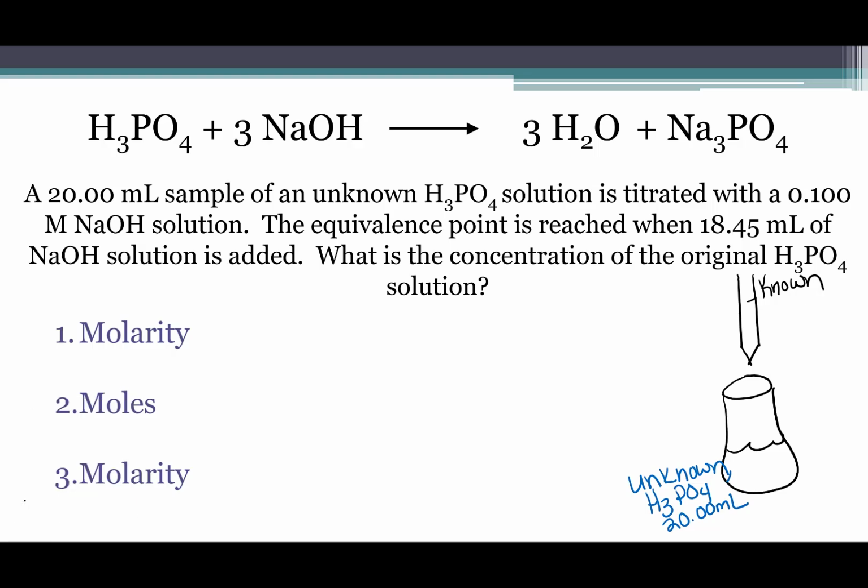Is titrated with 0.1 molar sodium hydroxide. So I know the concentration. I know what it is. Now I just need to get the volume. So the equivalence point is reached when 18.45 mL is added. Excellent. Okay. Now we have our picture.